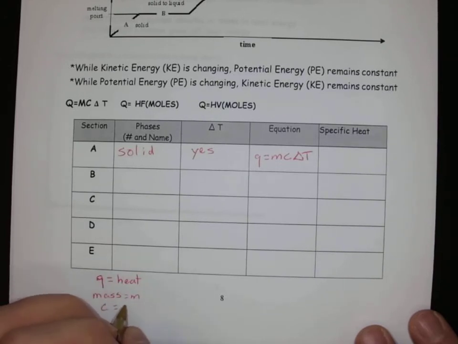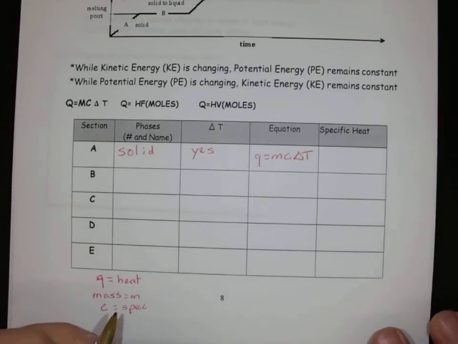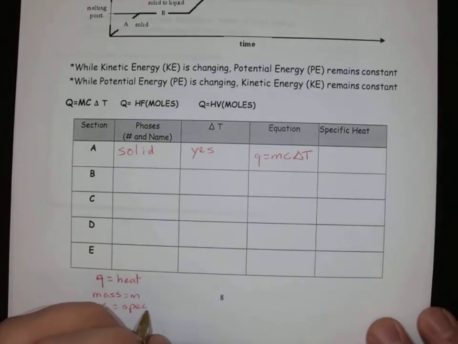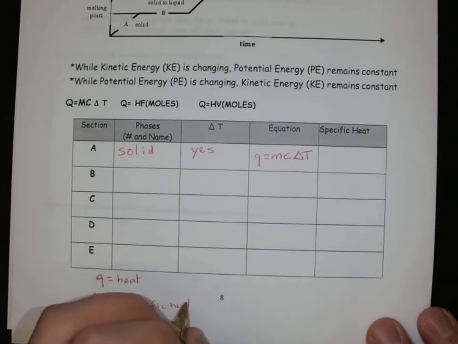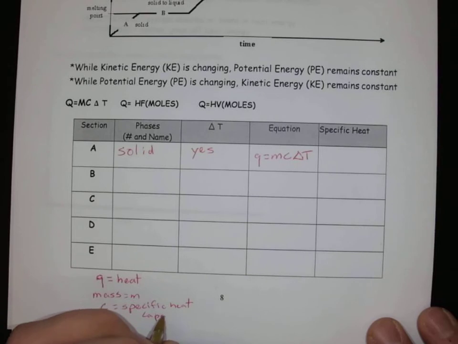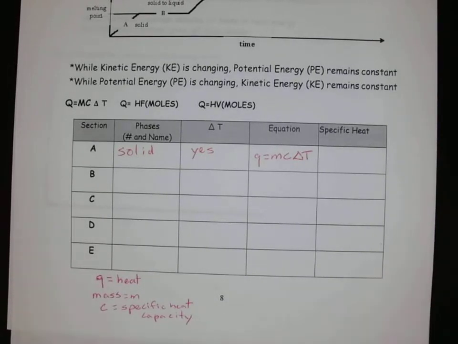C is the specific heat, the specific heat capacity. These values are known, they are measured for each of our different substances. It changes for every single substance, whether we have solid water versus liquid water versus gaseous water versus iron, but these values have been measured by scientists.